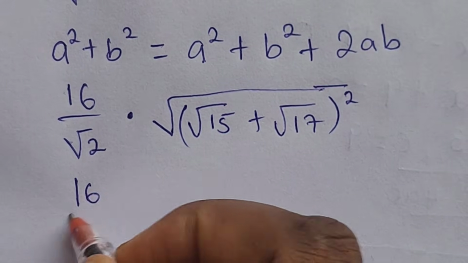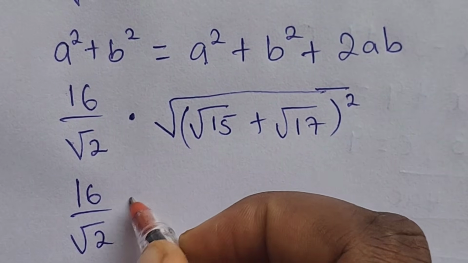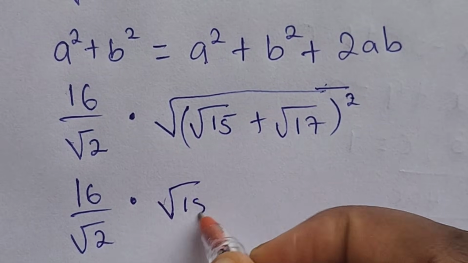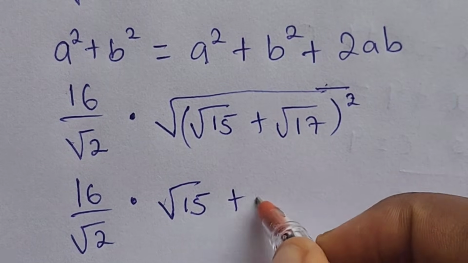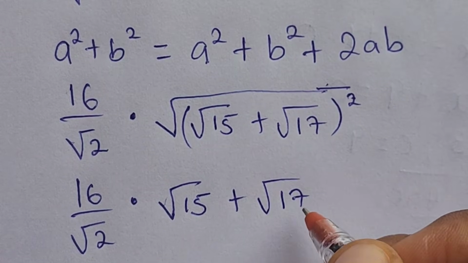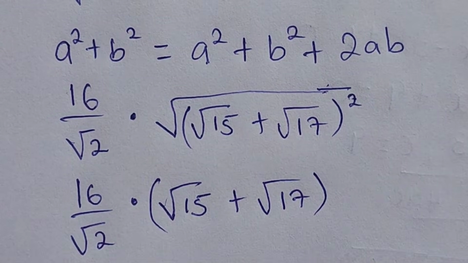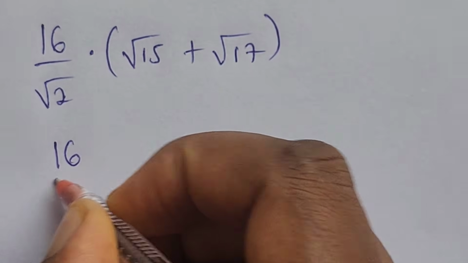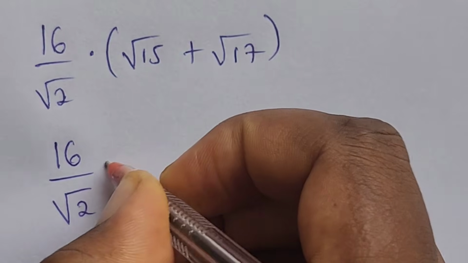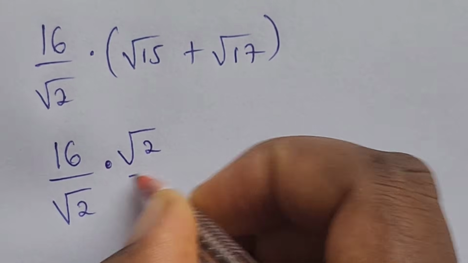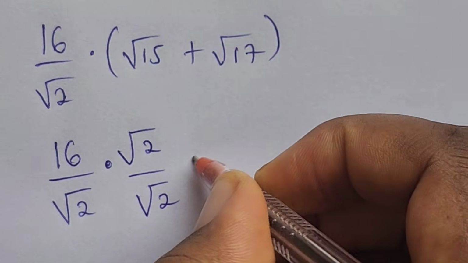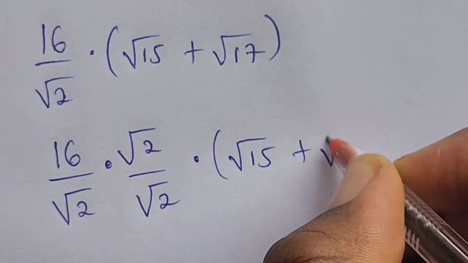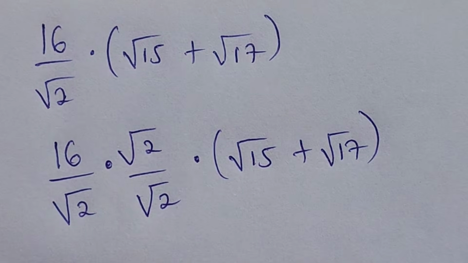So we have 16 over root 2 times this, cancel out this, we have root 15 plus root 17. So we can rationalize this to remove this square root here to have 16 over root 2 times root 2 over root 2 times root 15 plus root 17.